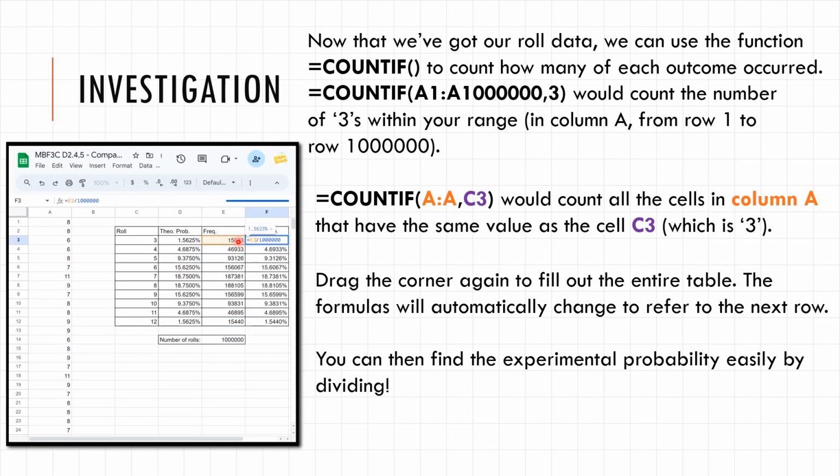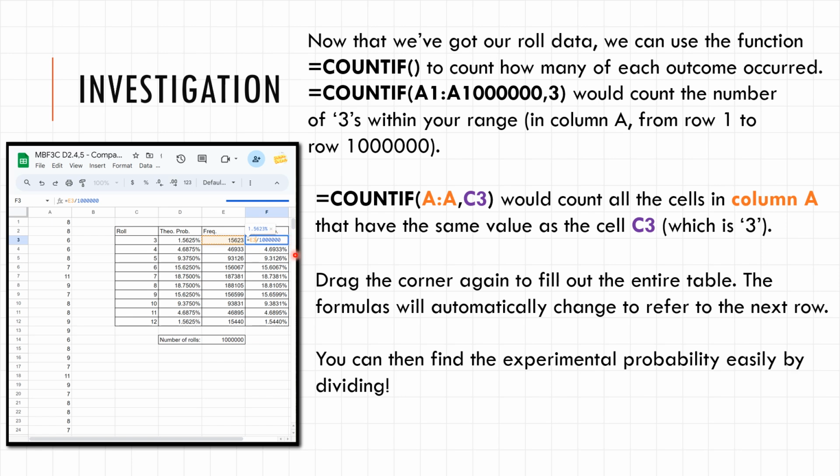So that is in cell E3, I'm going to divide it by 1 million, because that's the number of rolls. 1 million total trials. And in 15,623 of them, I rolled a 3. So that number, 15,623, divided by 1 million, it's telling me what my answer will be. It'll be 1.5623%.